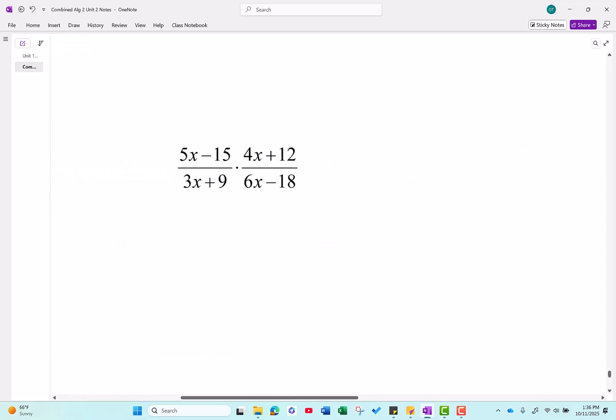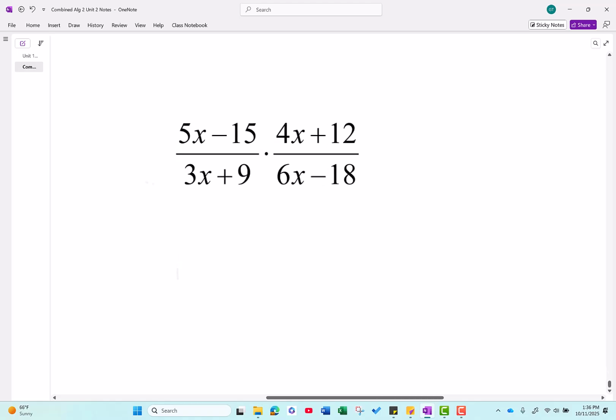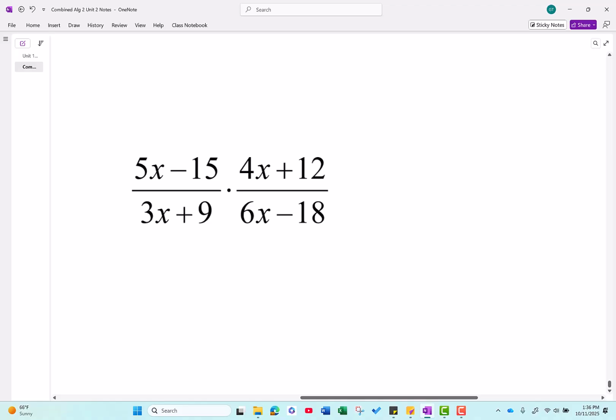And this is where it becomes really, really helpful. Now I don't want to multiply everything across and have to FOIL everything, because it just gets really complex really quickly. What I'd like to do is see if I can take out a common factor of each expression. So in this case, I could take out a 5 and end up with x minus 3.